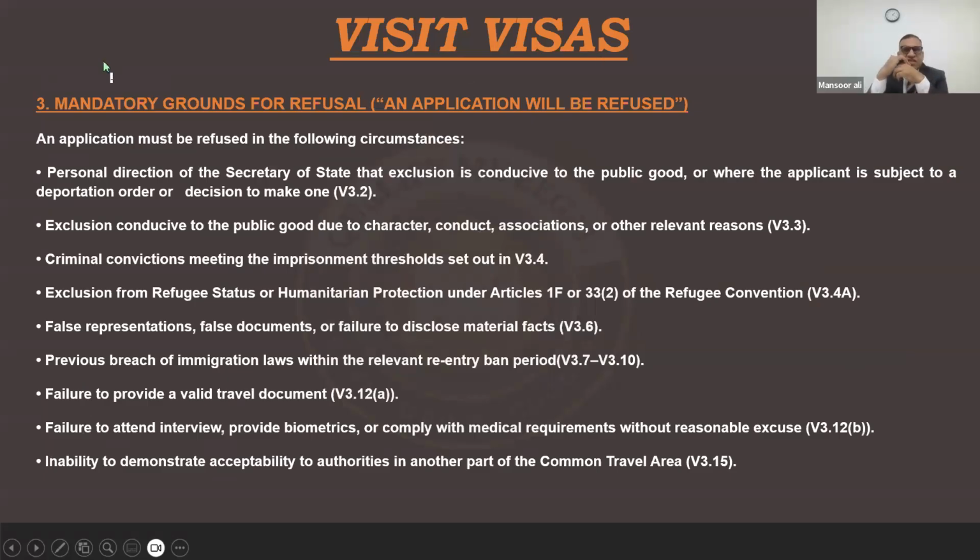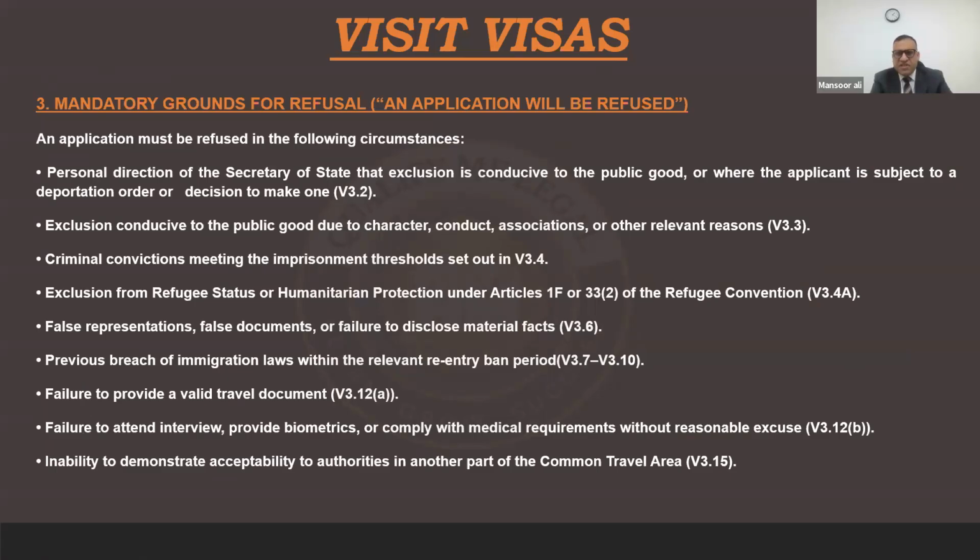So, visit visa. As the name suggests, a visit visa is basically for the purpose of a visit. At the Home Office, there are different types of visit visas.